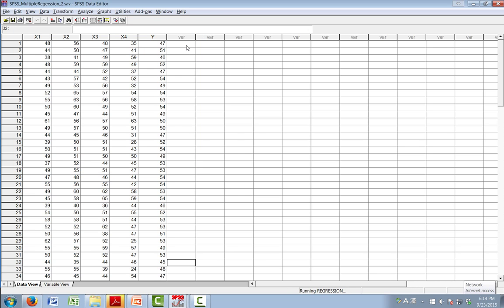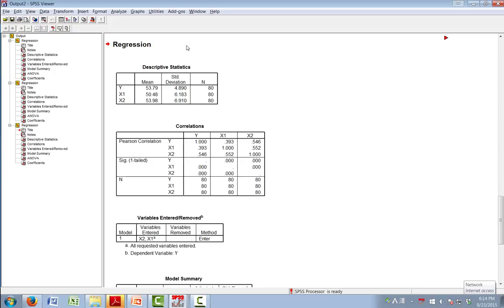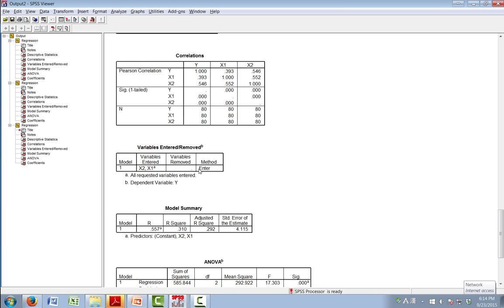You click OK, and we are able to see this result. Number one, descriptive statistics, cool. Correlation among y, x1, x2, cool. This is correlation analysis. We learned it before, right? And how those models are entered and how many different types of models.